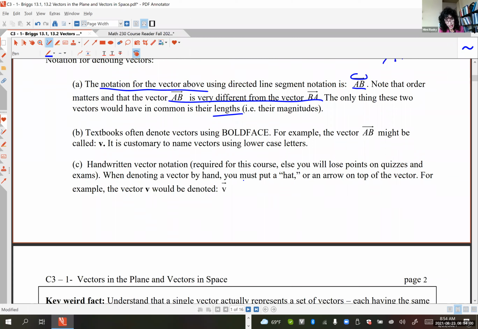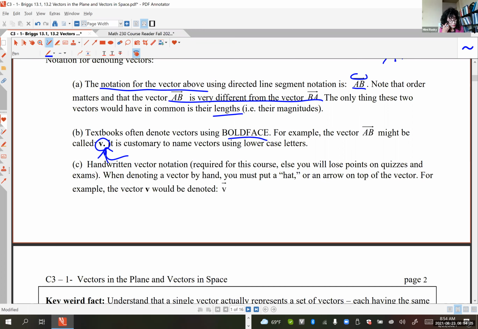Now, when you're reading your text or a quiz or your homework, they're going to denote vectors not with a little arrow on the top. They're going to use boldface. So this is an example of text right here. Lowercase letters are also very common in denoting vectors. So lowercase v, and it's in bold. So there's no arrow on the top, but that'll mean vectors.